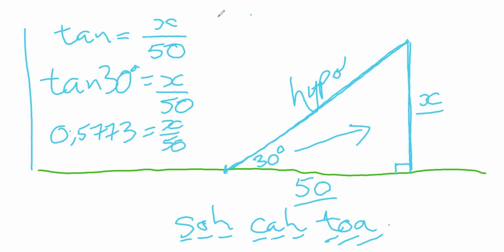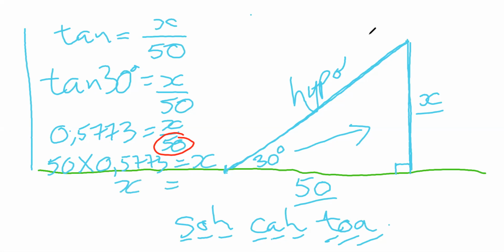And now we just need to make x the subject of the equation. So to do that, I need to take that 50 to the other side. So it's 50 times 0,5773 equals x.